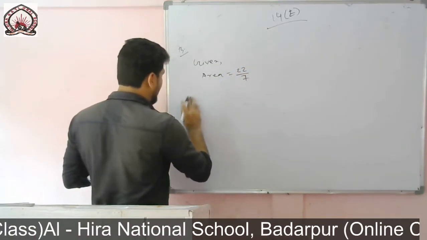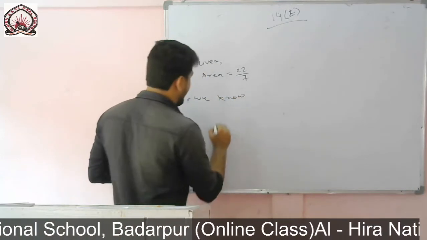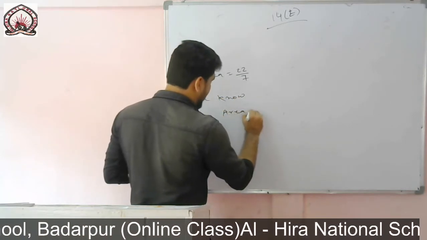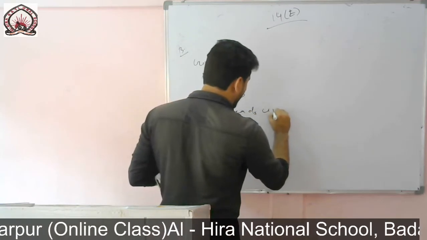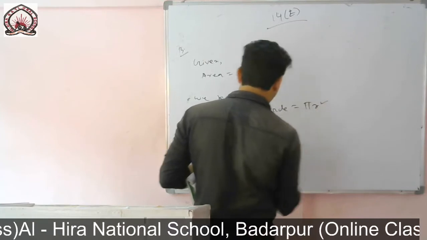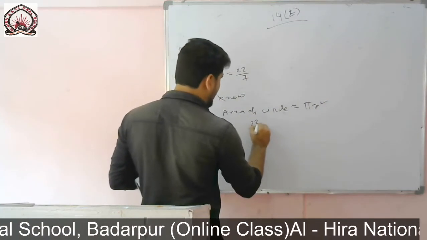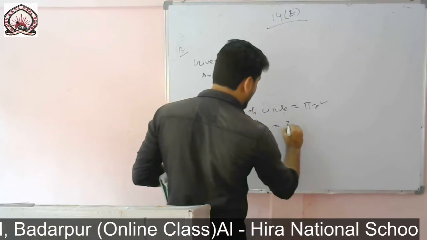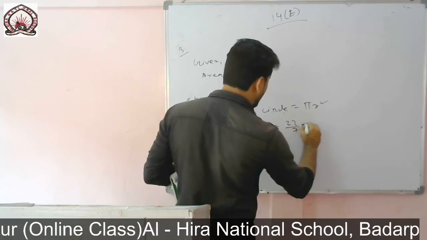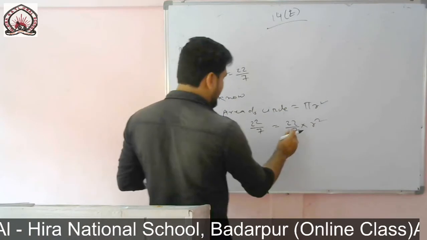According to the question, we know the area of a circle equals pi r square. So I can write 22 by 7 equals 22 by 7 into r square. So from here you can find it.